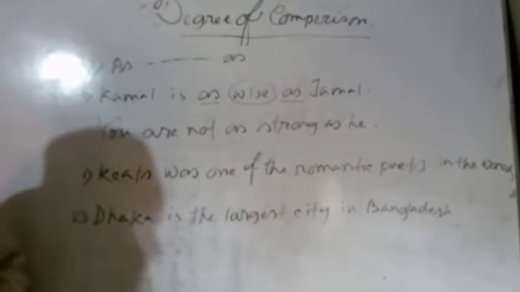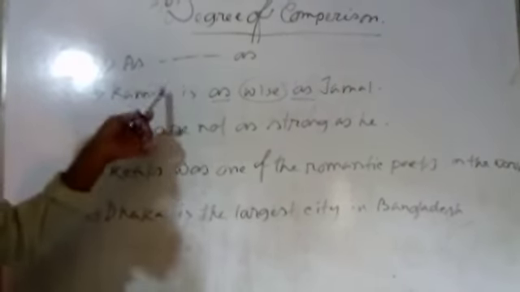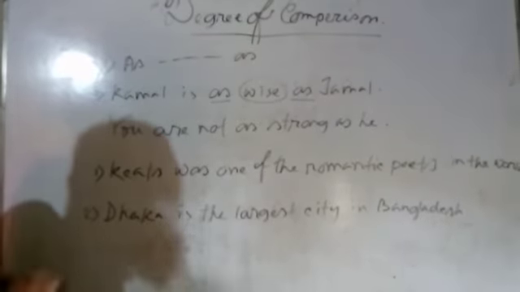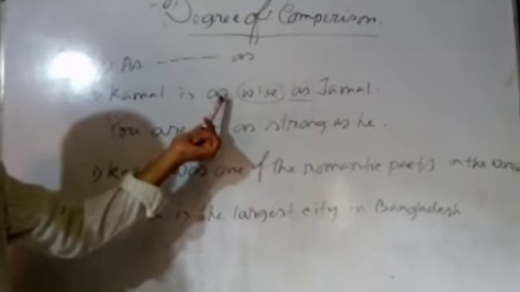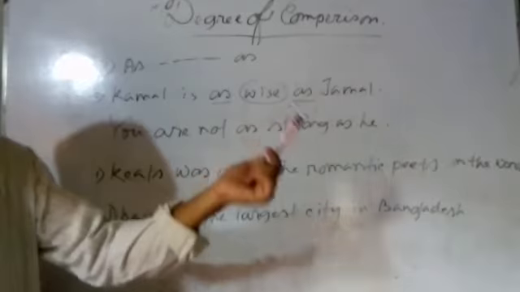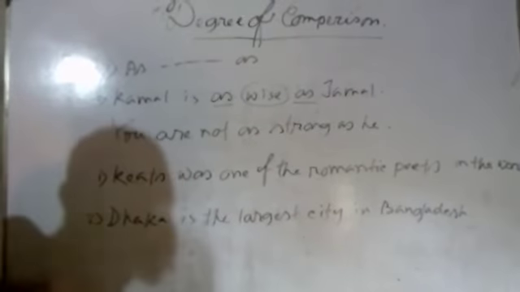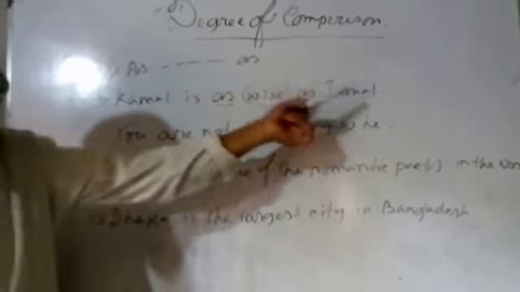For example, he is the best boy. So it has two forms, positive and comparative, and the superlative will be in the form of no other.